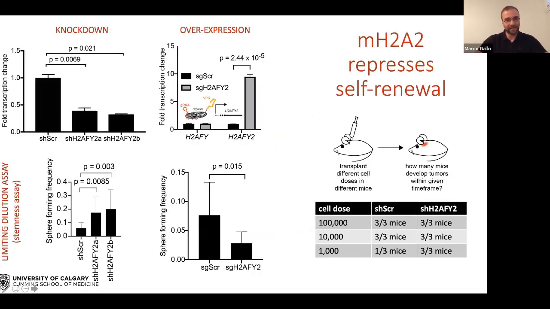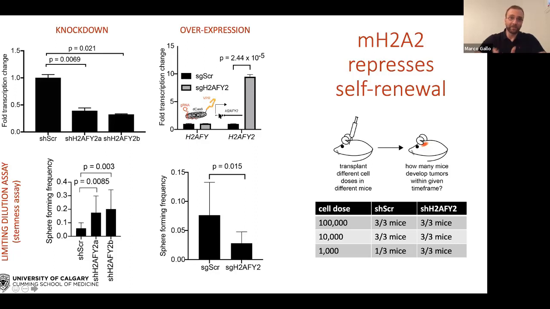We're a cancer stem cell lab, so the first thing we thought about was, we should probably do some stemness assays to see if macroH2A2 is doing this by modulating stemness. So we did limiting dilution assays in vitro. When we knock down macroH2A2, we see an increase in stemness, higher self-renewal.